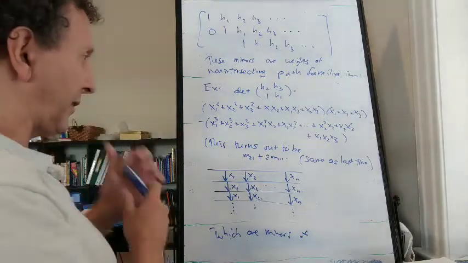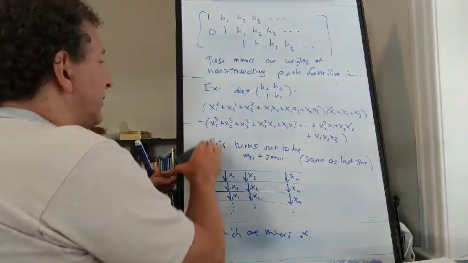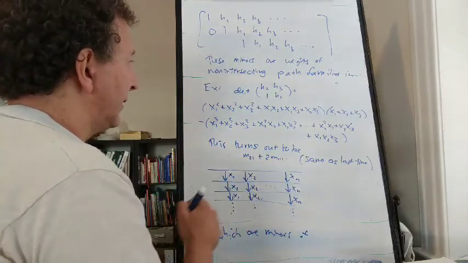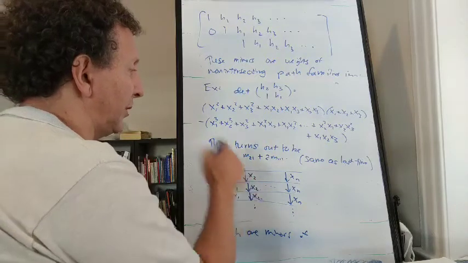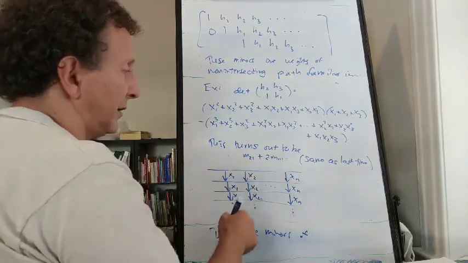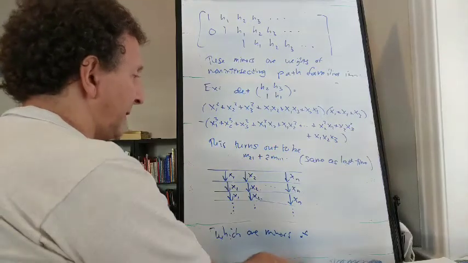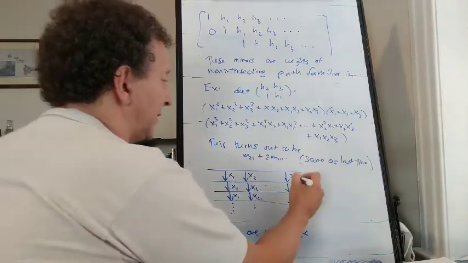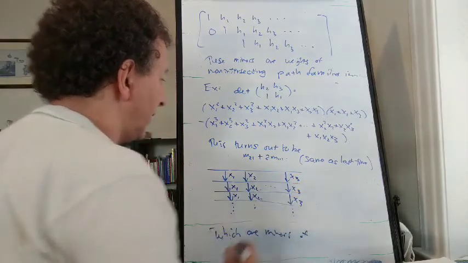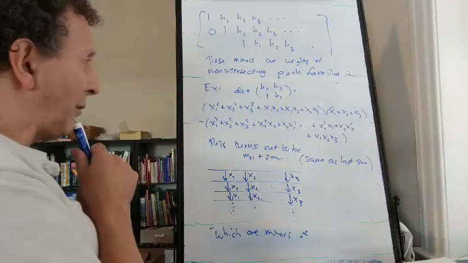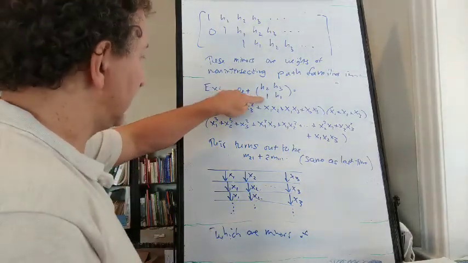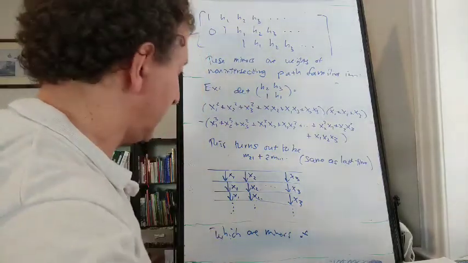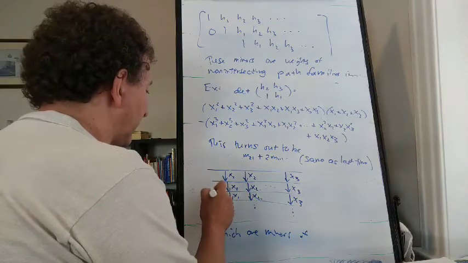Alright, so just for fun, let's find a couple path families that have weights here. So we need things like x1 squared x2, x1 x2 x3, x2 x3 squared. And if n is 3, then let me replace the n's here with 3's. And let's see where we're going to put the sources and sinks. So I think pretty much in the same places.